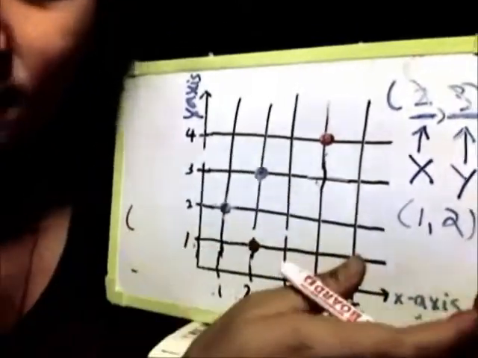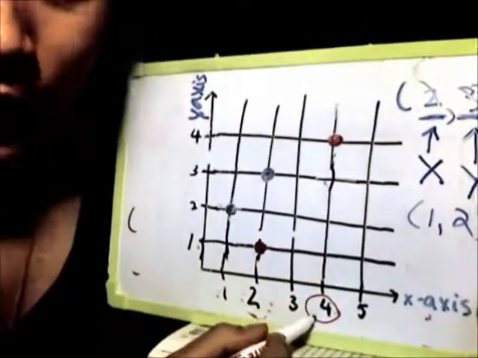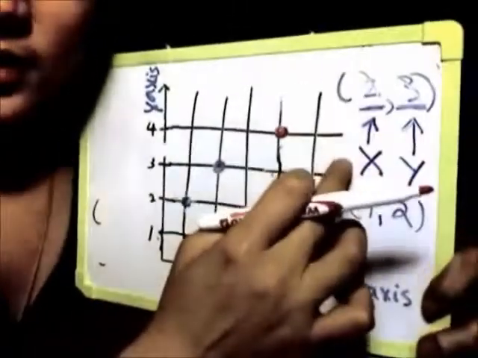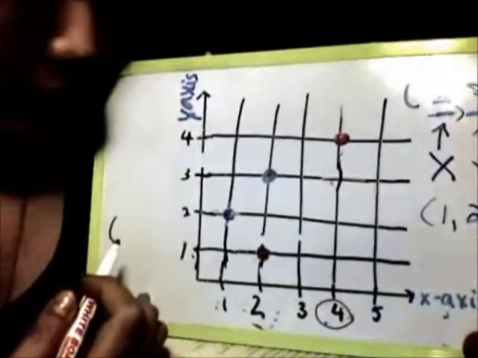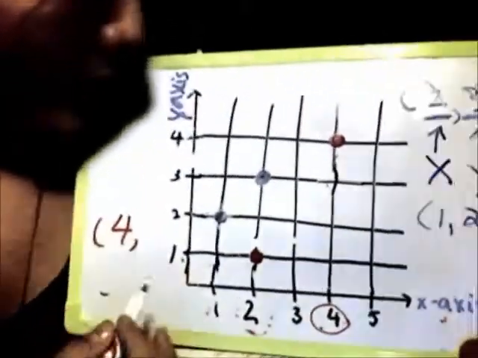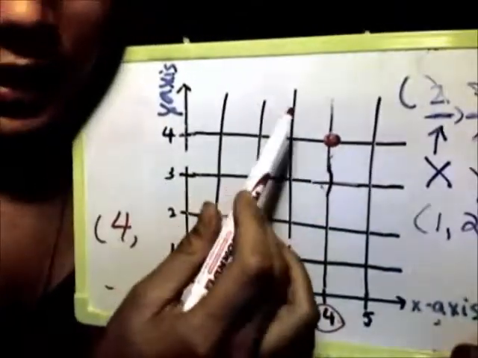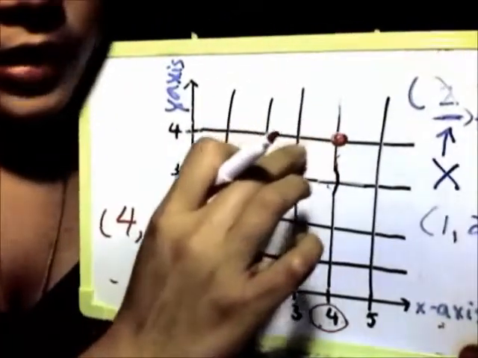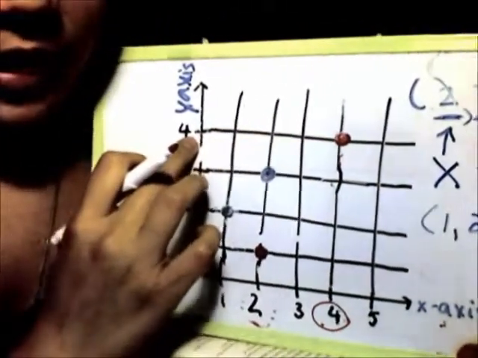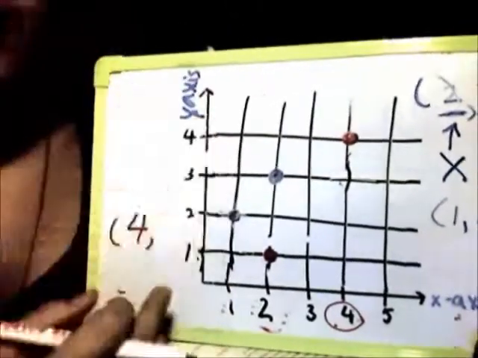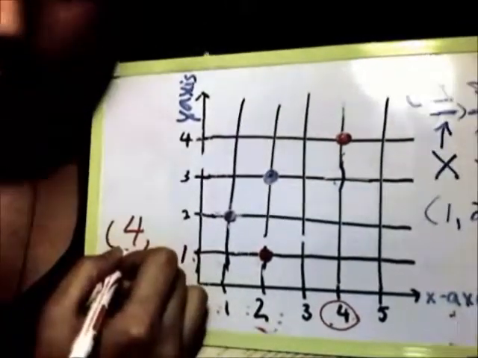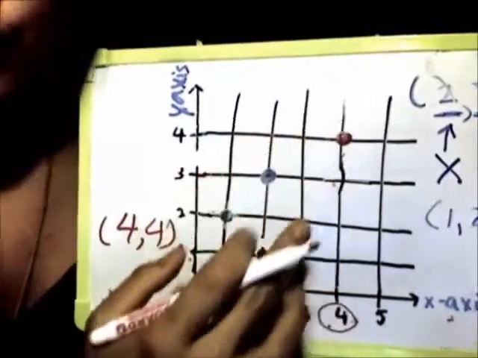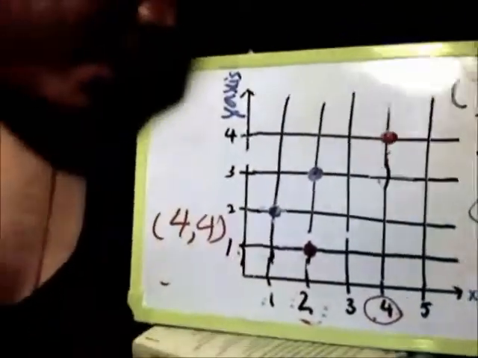You find 4, and you say, oh, 4 must be the first number because the first number tells you what the x is. So the first number is 4. And then you look at the point again, and now I need to find y. So I go across, and I find, oh, 4 on the y-axis. So the coordinate for this point is actually 4, 4.